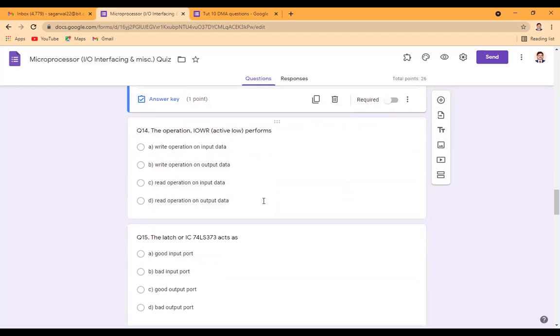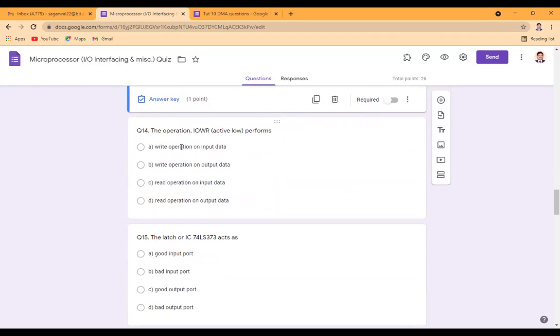The operation IOWR, active low, performs what? IOWR is a control signal. And if it is low, what does it mean?